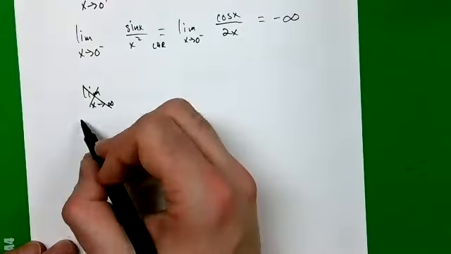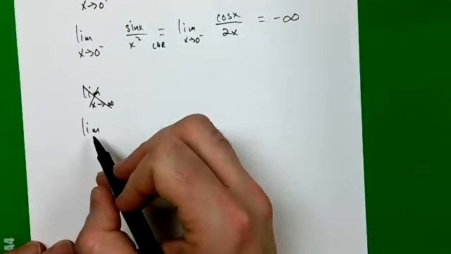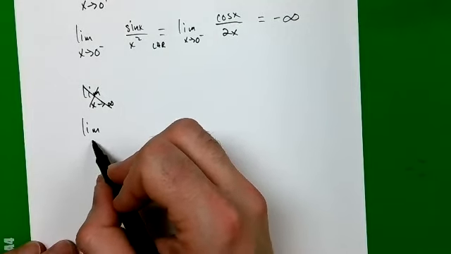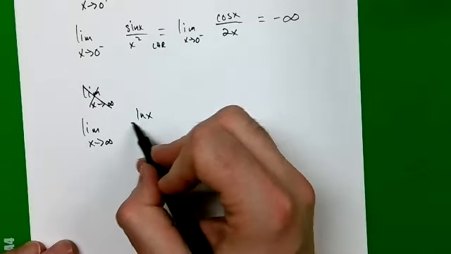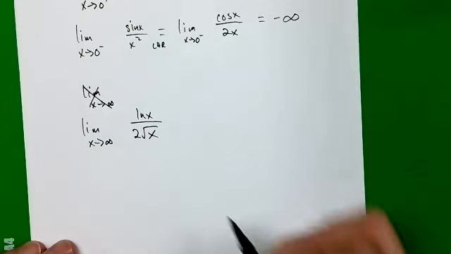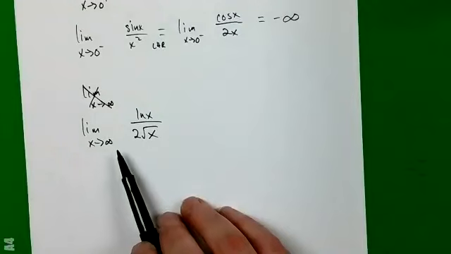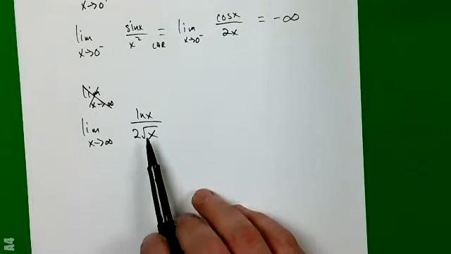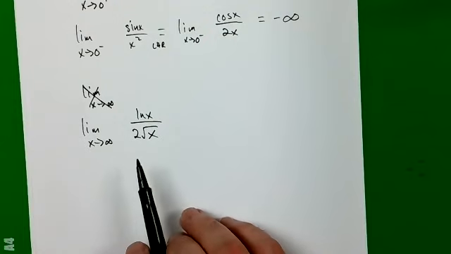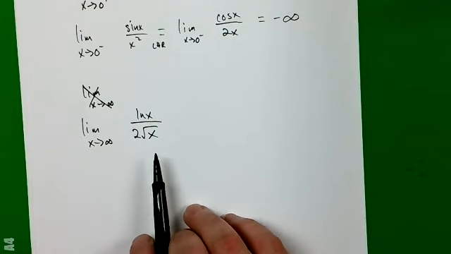Let's work this one instead. Let's take the limit as x approaches infinity of natural log x over 2 root x. So the natural log of infinity is infinity, and square root of infinity is still infinity. So this is an infinity over infinity indeterminate form.